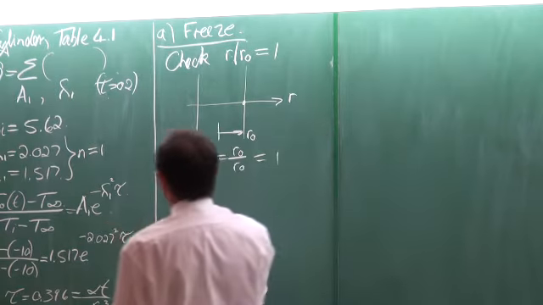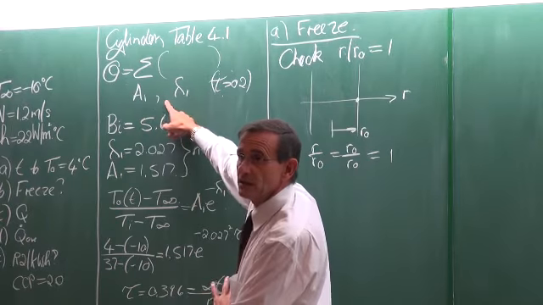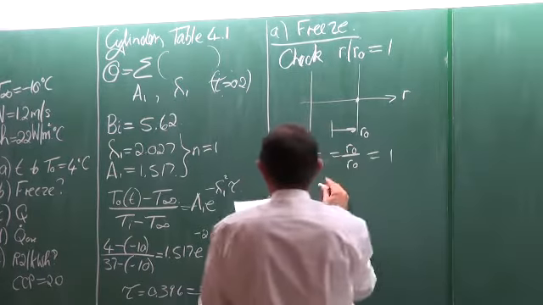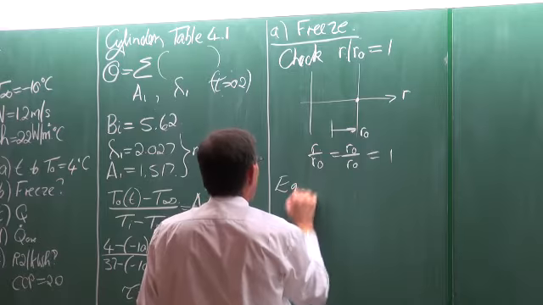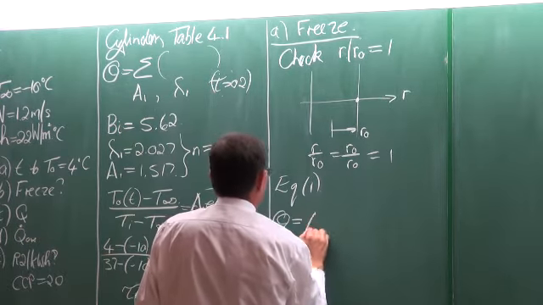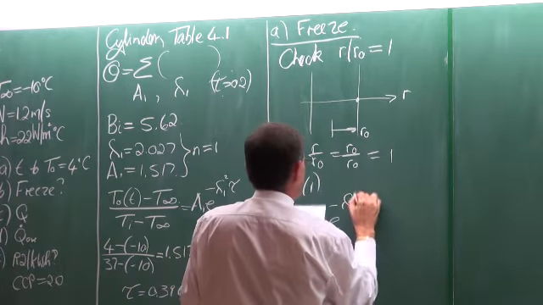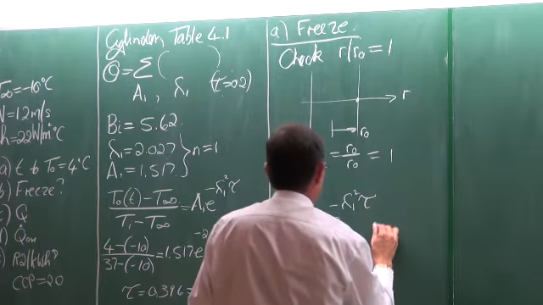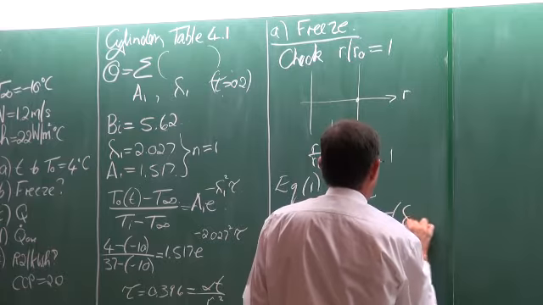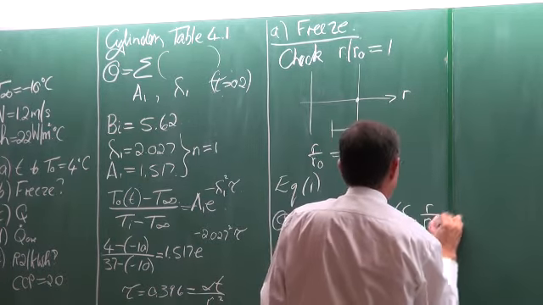In the previous lecture, somewhere here, I indicated this equation as equation number 1. So I'm referring to that equation. In terms of equation 1, we can then say theta is equal to A1 e to the minus lambda 1 squared multiplied by tau, multiplied by J0 of lambda 1 multiplied by R divided by R0.